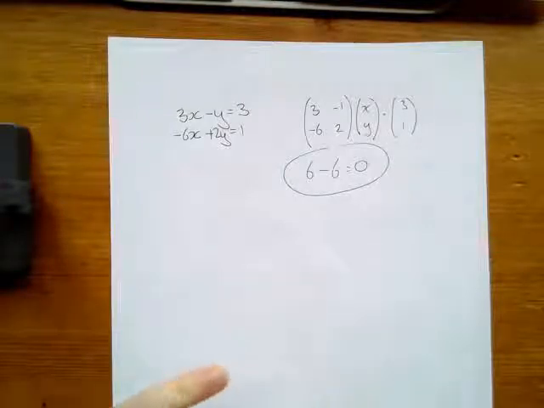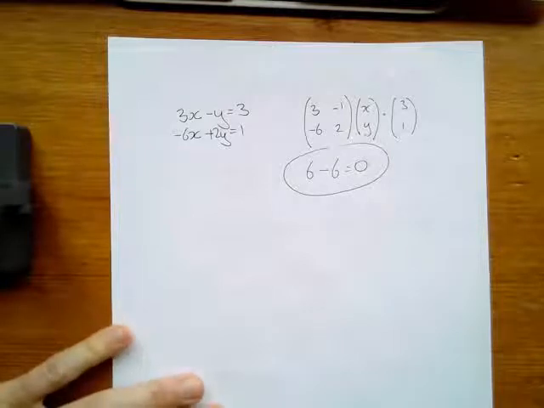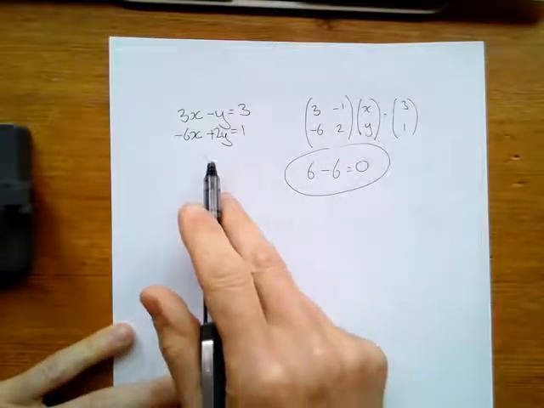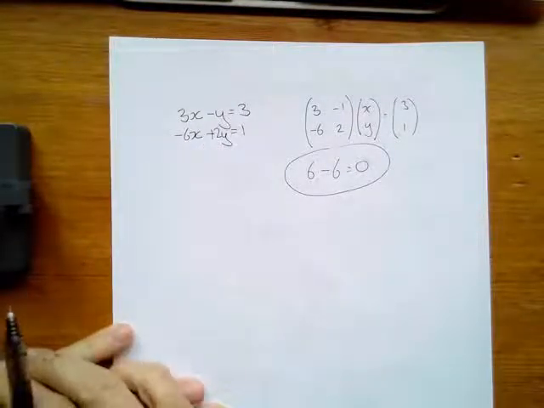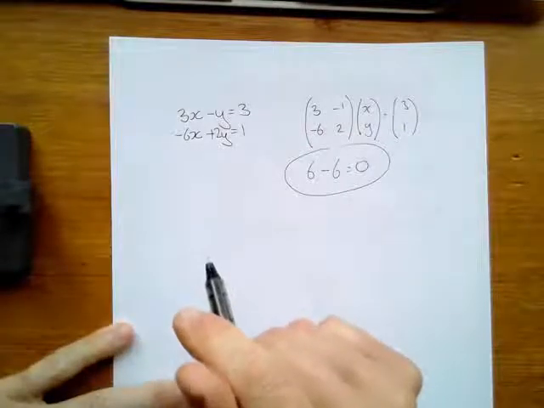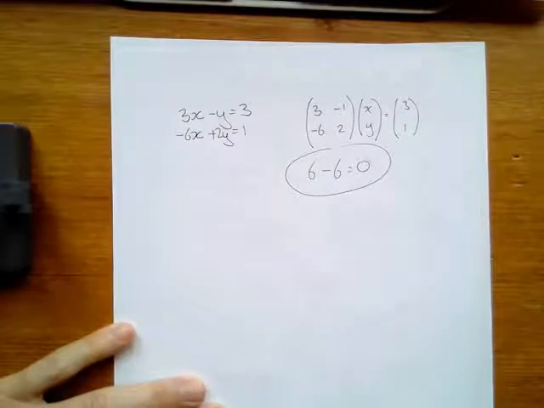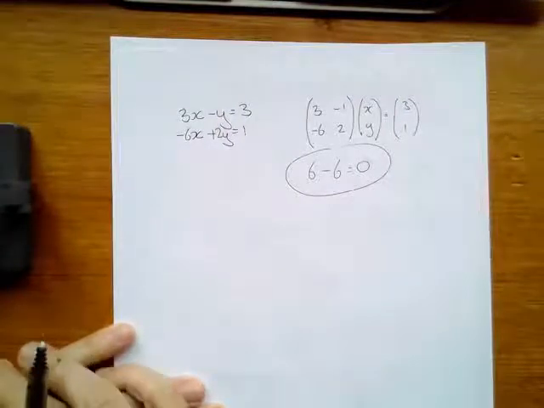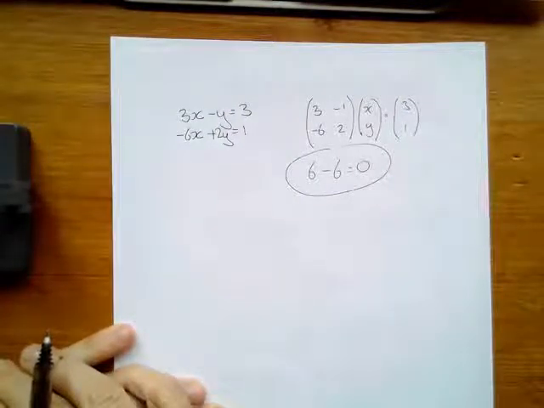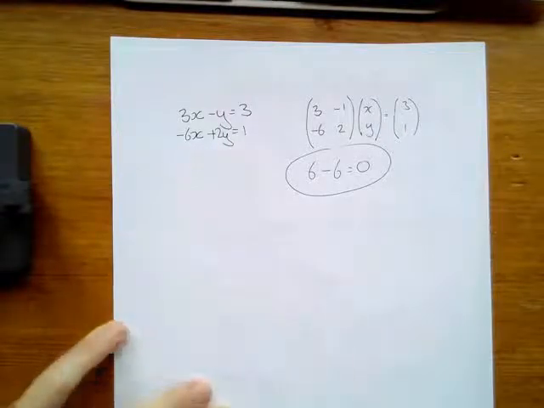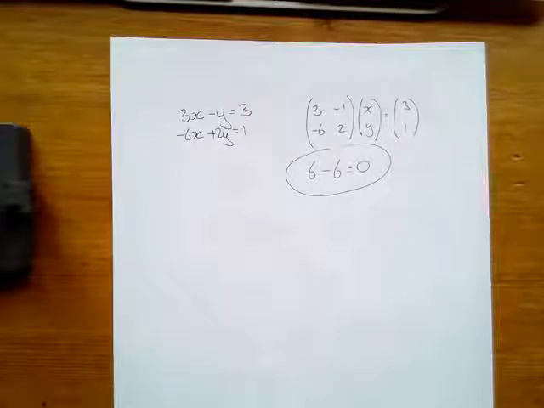And this has happened because these two lines are parallel to one another. In fact, if you try and solve this simultaneous equation, all that happens is you get all the variables cancelling out with one another. You can't sub one into the other because it just disappears.